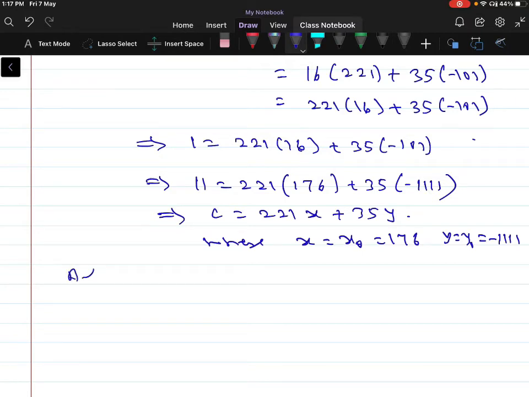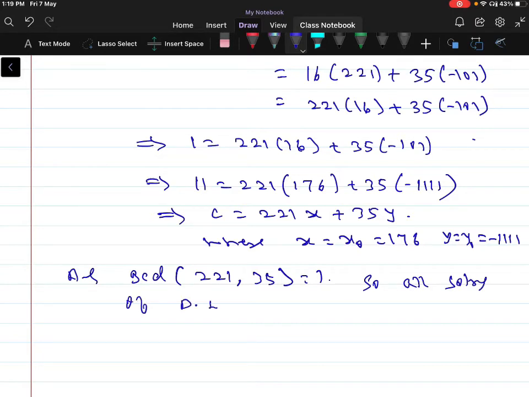So as GCD of 221 and 35 is equal to 1, all solutions of Diophantine equations are given by x is equal to x naught plus b into t, y is equal to y naught minus a into t, for the integral values of t.